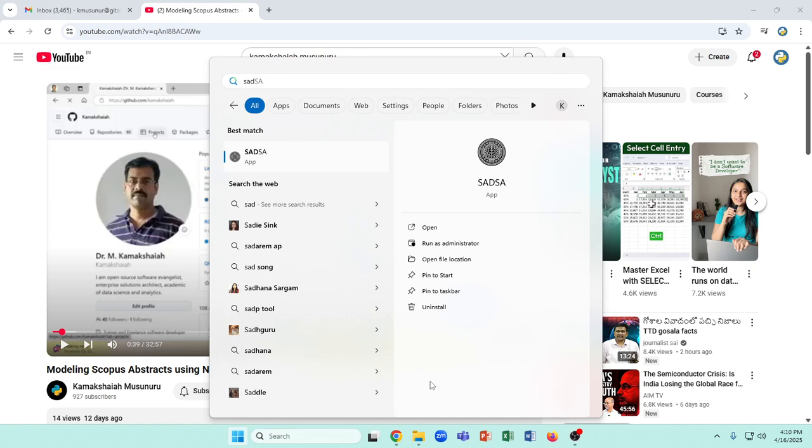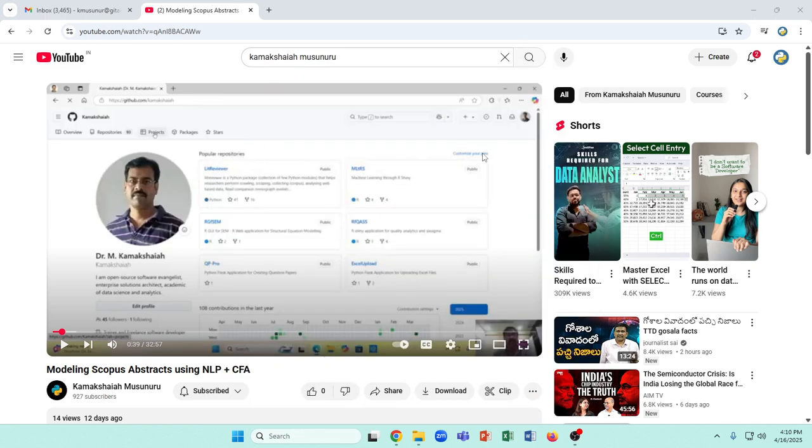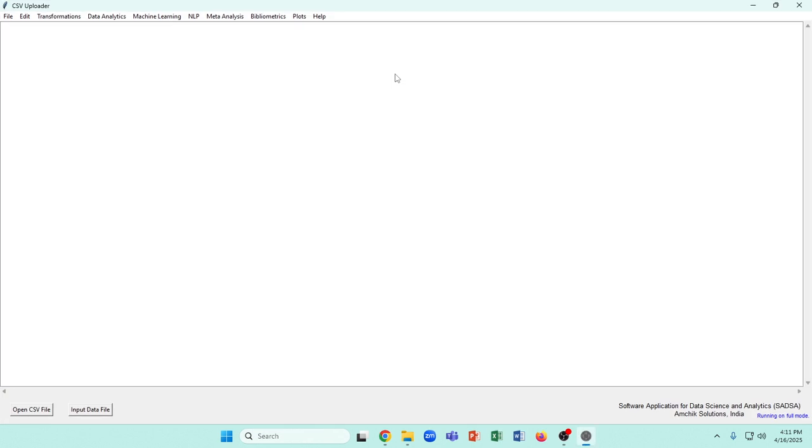So after installing SADSA, by the way, I said you should install this as an administrator, otherwise there will be kind of errors. If it is your personal computer, it doesn't matter, but if you are using some other computer, in your office or where there are many permissions, the application will not be able to download the required data, especially connected to some of the packages of Python.